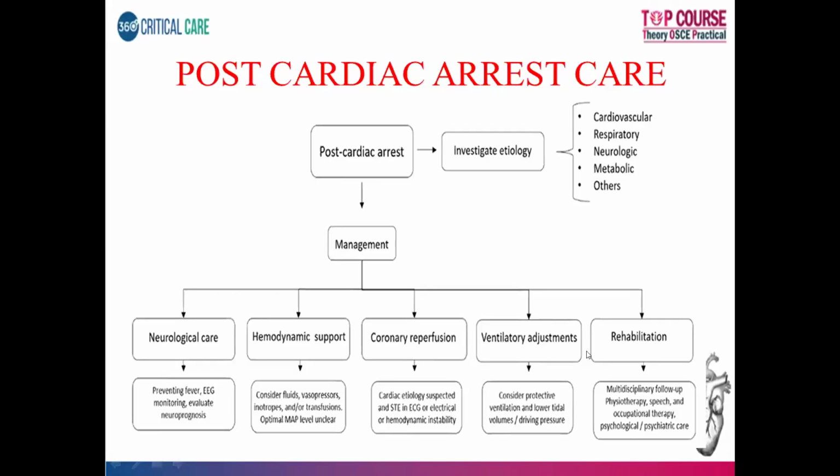Then coming to ventilatory adjustments, this is also very important. Protective ventilation should be done, and monitor your plateau pressures and also the driving pressures. And the last important thing is if the patient survives and is improving, then you have to do rehabilitation by involving multidisciplinary follow-up.